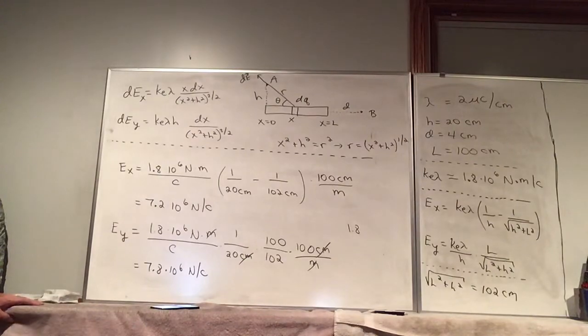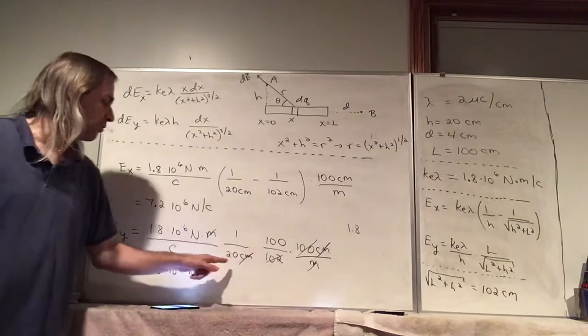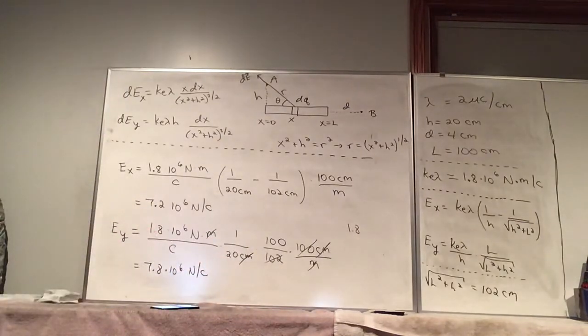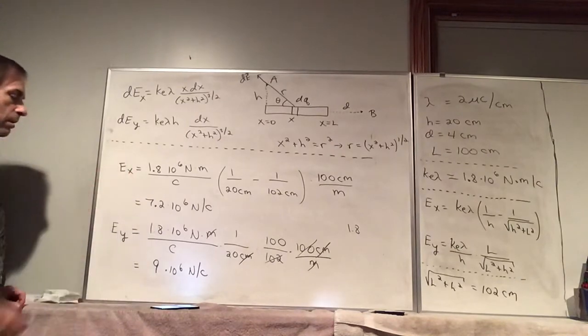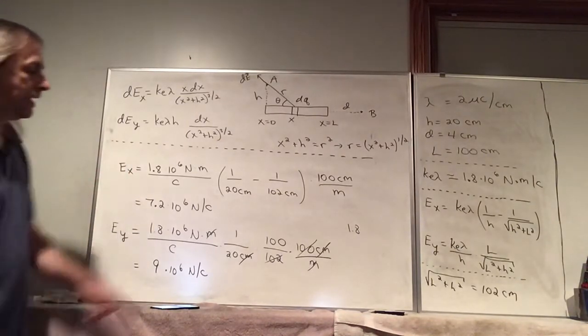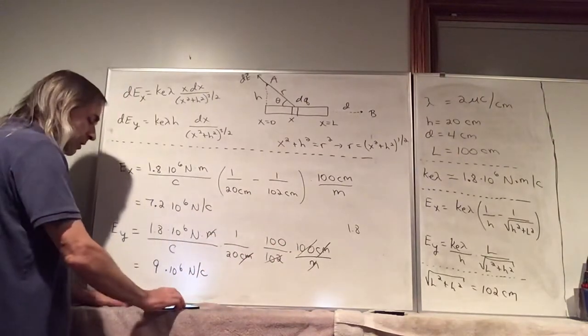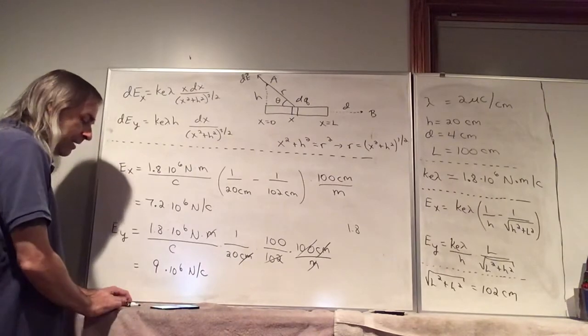So basically, 100 and 102 cancel out, 100 over 20 is 5, 5 times 1.8. What am I doing? That's 9. So 9 times 10 to the 6. And again, if you don't like this cancellation, let's just say 9 divided by 1.02, 8.8.